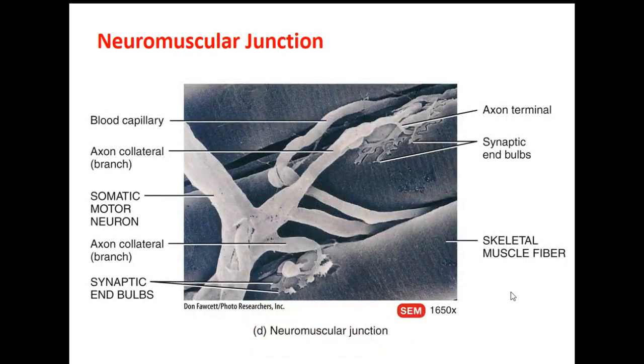Here's an actual electron microscope picture of a neuromuscular junction. This is the neuron, and it branches out into several different axon terminals. Each one will form a neuromuscular junction on the surface of these muscle fibers.